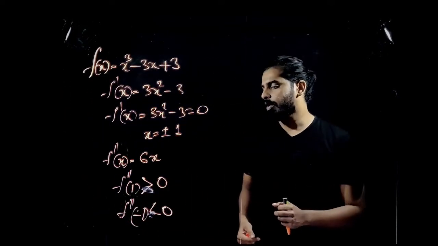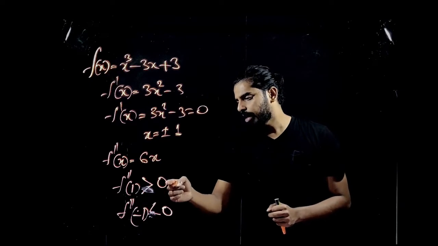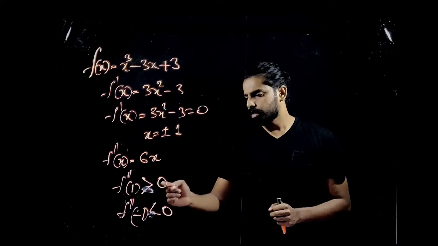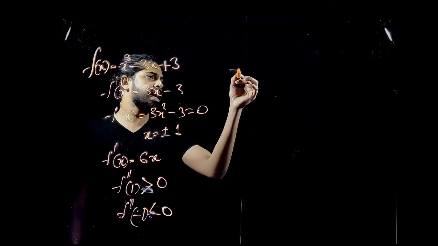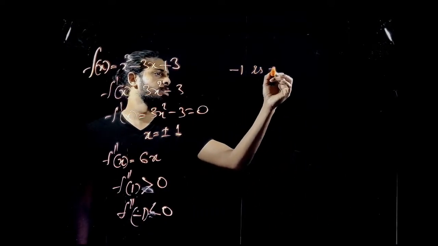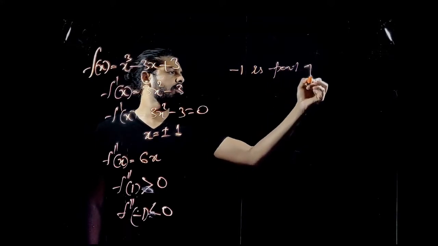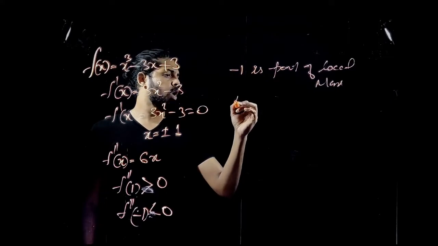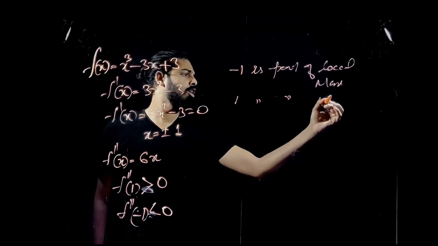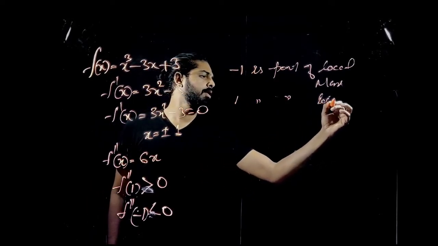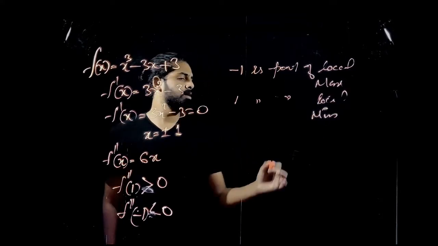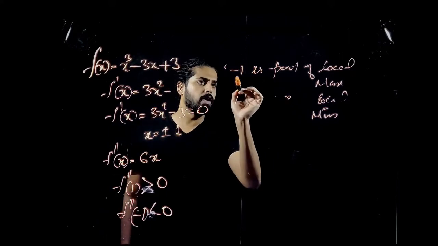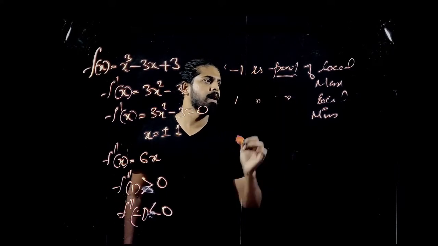So the second derivative is greater than 0 at the point 1 and less than 0 at the point negative 1. That means negative 1 is the point of local maxima and 1 is the point of local minima.